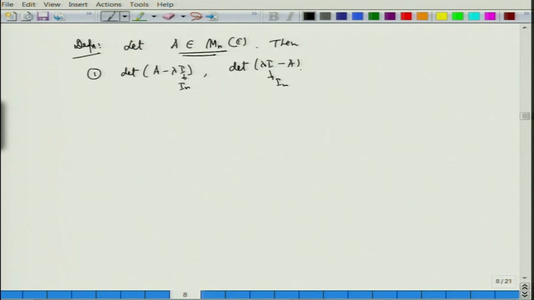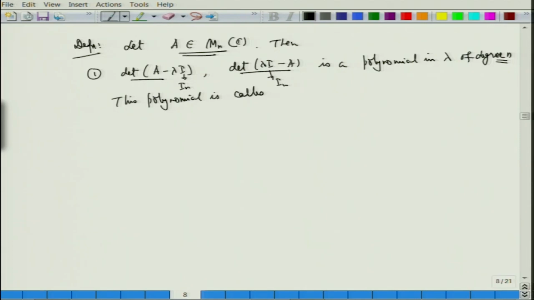Fine. Now what is determinant here? This is a polynomial in lambda of degree n.